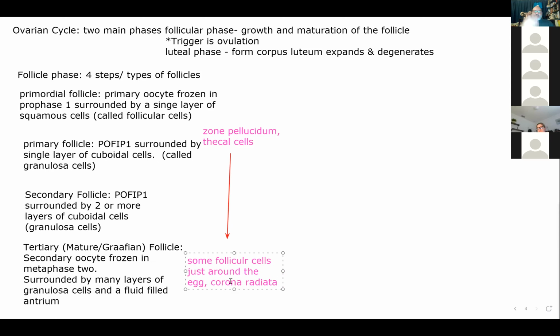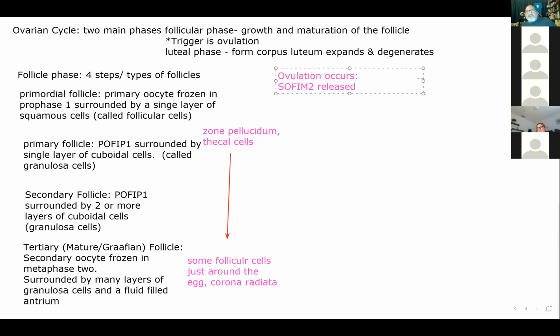And then it is this egg, this corona radiata, that is then released via ovulation. Our secondary oocyte frozen in metaphase 2 is released.